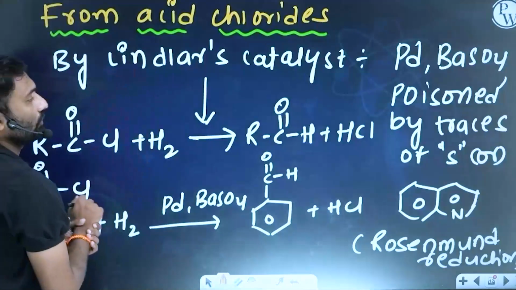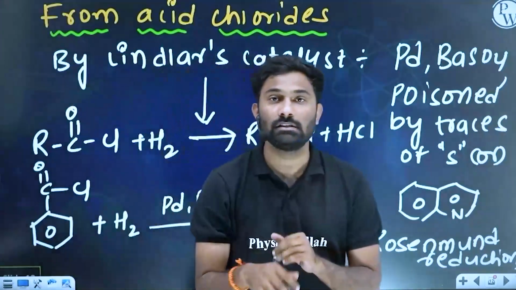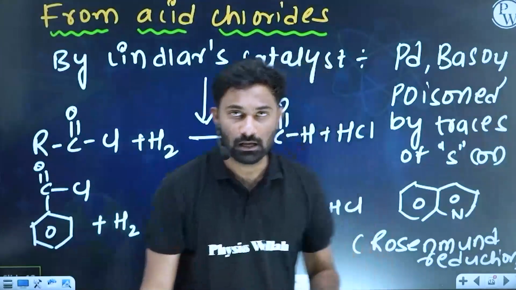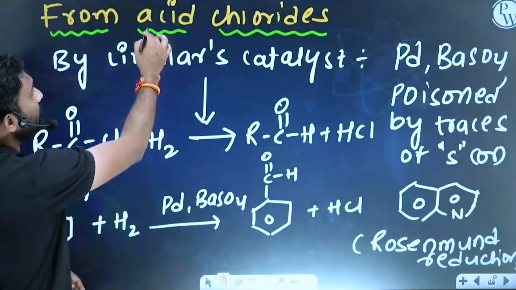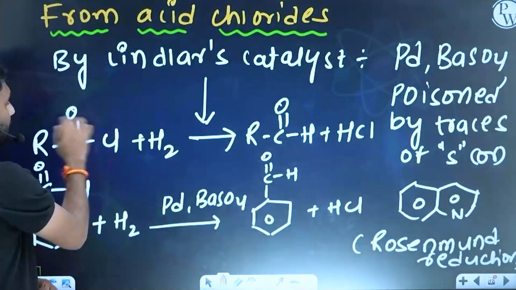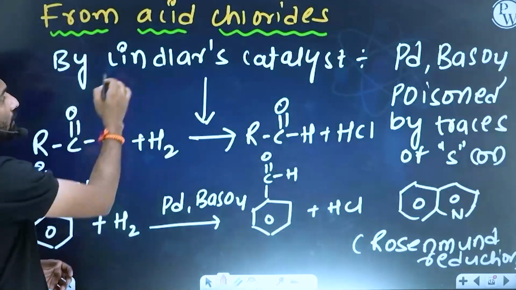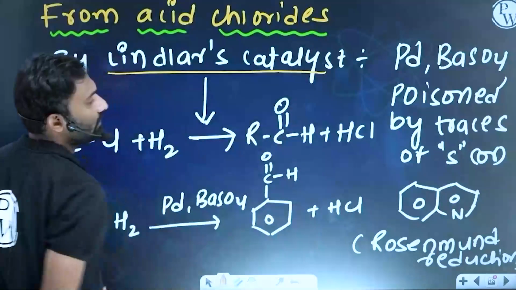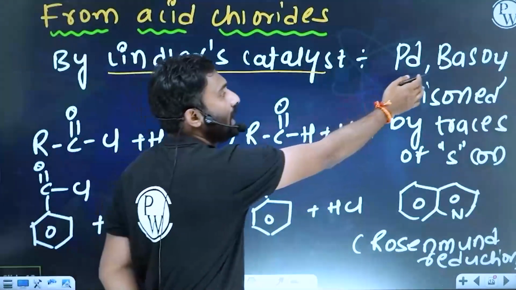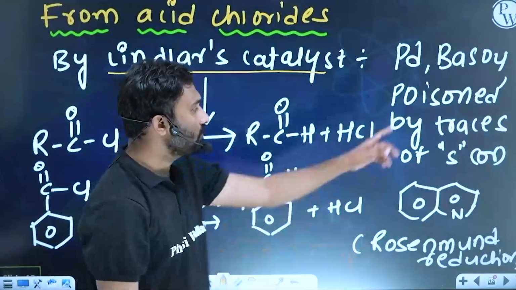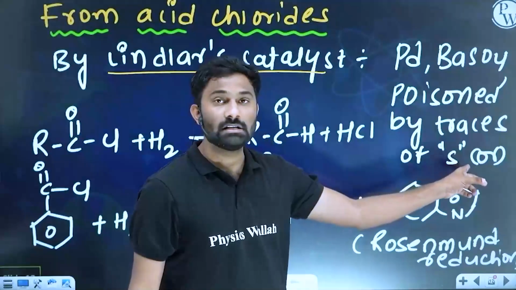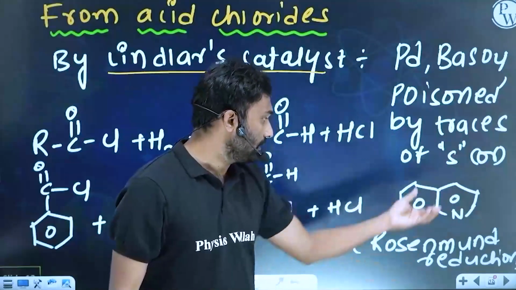From the acid chlorides we can prepare the aldehydes and ketones. Now this is the acid chloride, treated with Lindlar's catalyst. Lindlar's catalyst is palladium on barium sulfate poisoned by trace sulfur or quinoline.